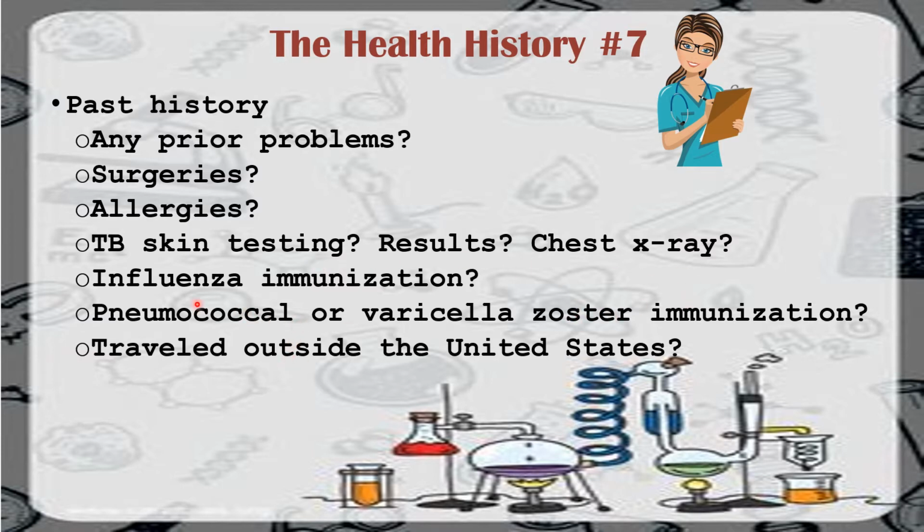Did the patient undergo influenza immunization, pneumococcal or varicella zoster immunization? Did they travel outside the United States? That could be possible, especially in our time with COVID. For example, when COVID first came out in China, did you travel to China? Scenarios like that.